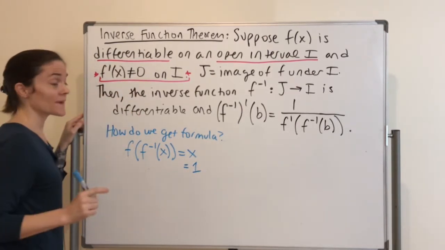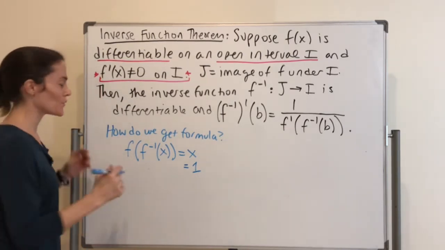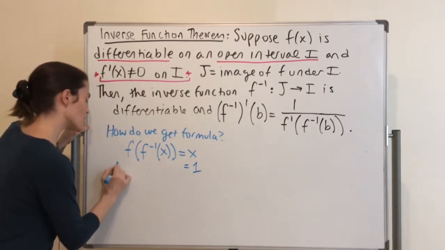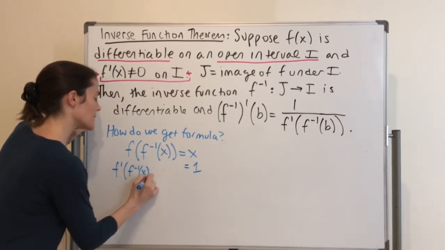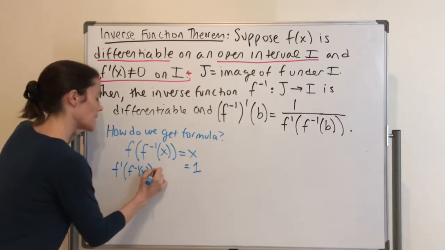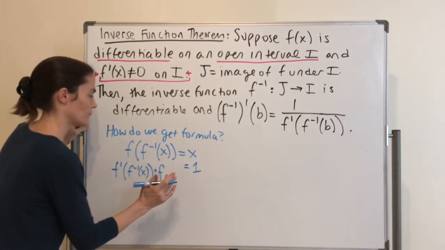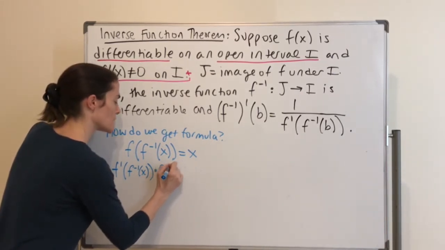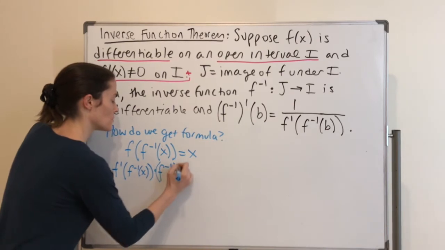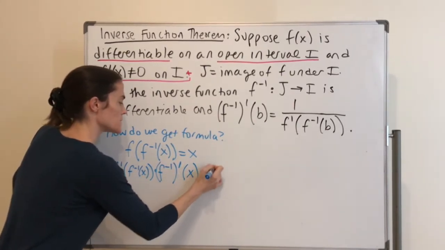Now, if I differentiate a composition, this is a chain rule. So we would have derivative of the outside evaluated at the inside times derivative of the inside function. And this was equal to 1.